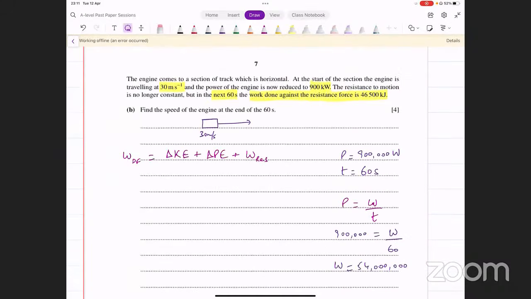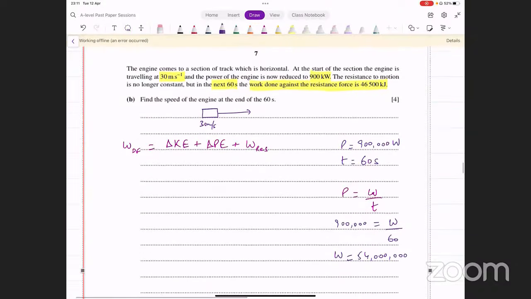We have got the work done by the driving force. That is 54,000,000. ये हमारे पास है information. We also have the work done against resistance. Work done against resistance हमारे पास क्या आ रहा है?